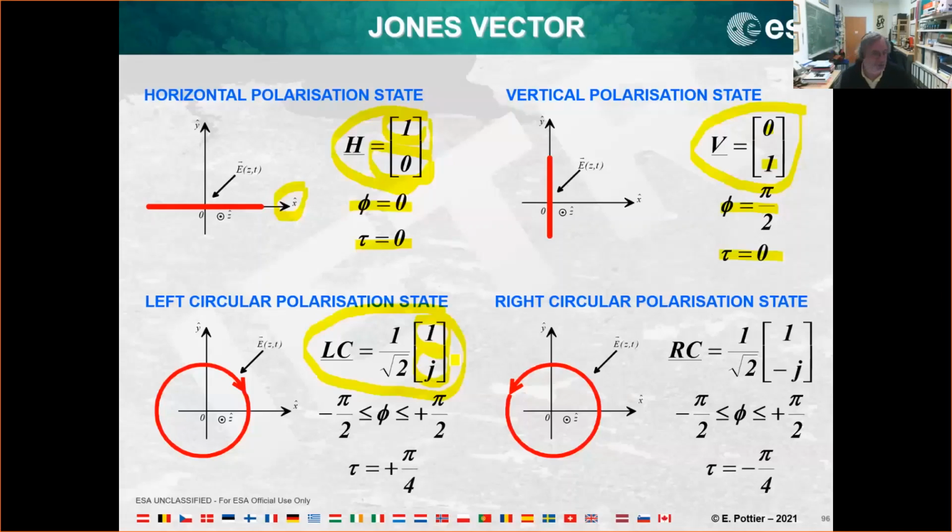And this will be the output if I measure a left circular polarization. I shall get exactly the same magnitude as the output of my two antennas, but I shall have a phase difference of 90 degrees between the two measurements.